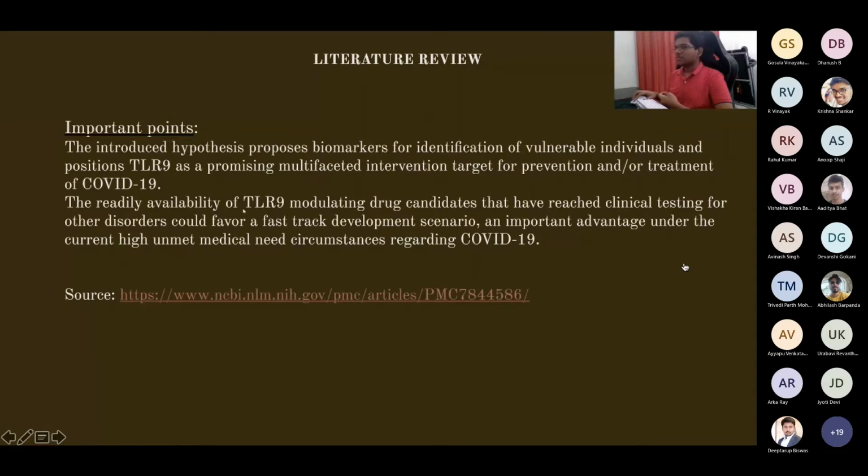The ready availability of TLR9 modulating drug candidates that have reached clinical testing for other disorders could help a faster development of a vaccine for COVID-19, since the unmet need is very high currently. So our machine learning model has been able to correlate something with the existing data.